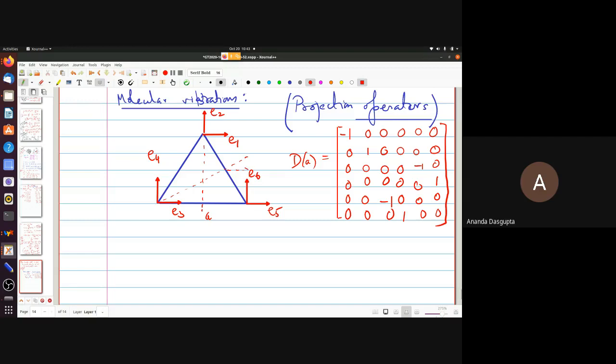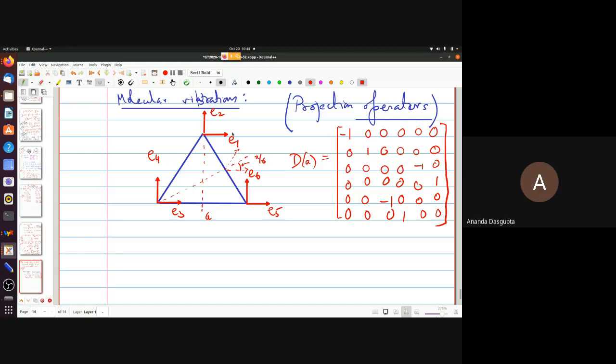What will happen to that? How much angle does that make with this line of reflection? What is this angle? 30 degrees or pi by 6, right? So this vector, when you reflect, it will become like this, making an angle of 60 degrees with the horizontal, right? 30 degrees with the line on the other side, so that's 60 degrees with the horizontal.